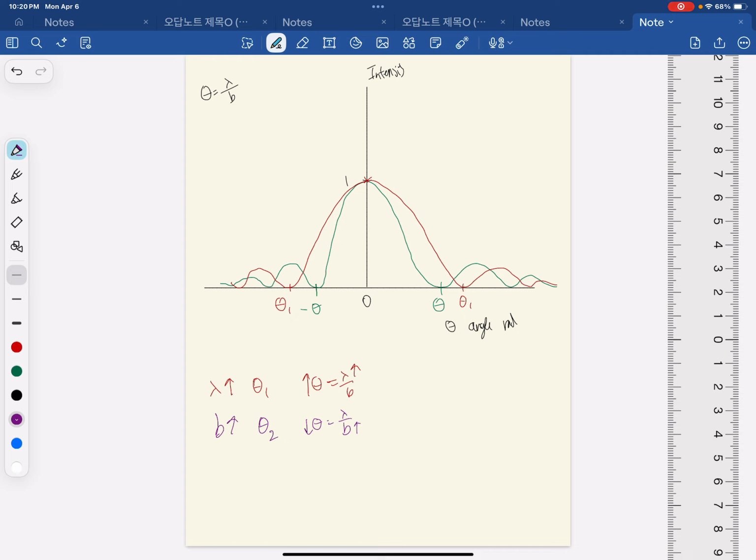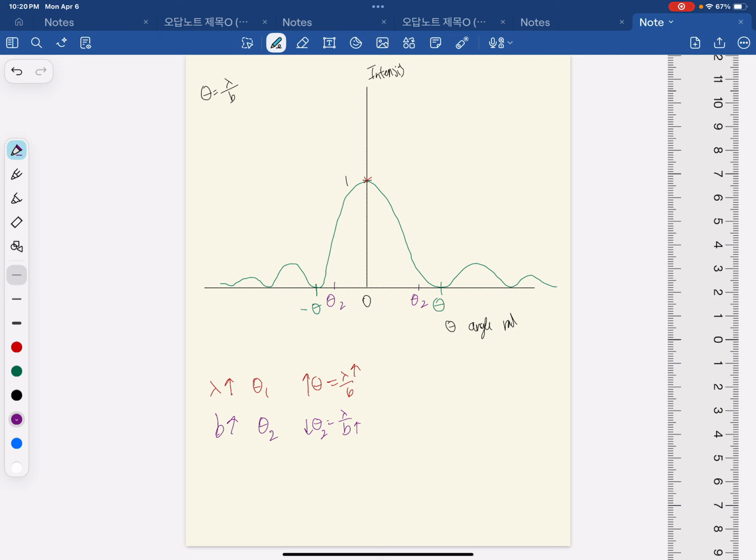Because b is the denominator. So I'm just going to rub out this red graph because it's getting pretty confusing. So we have here theta 2, theta 2.